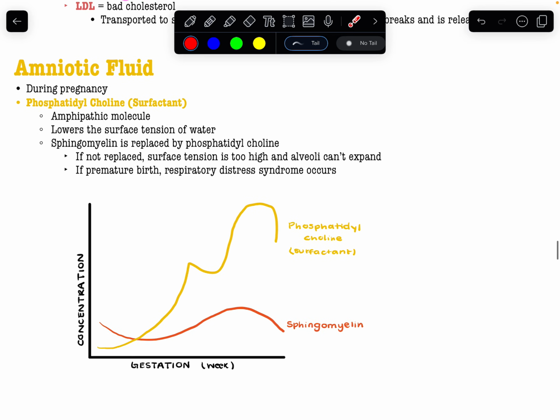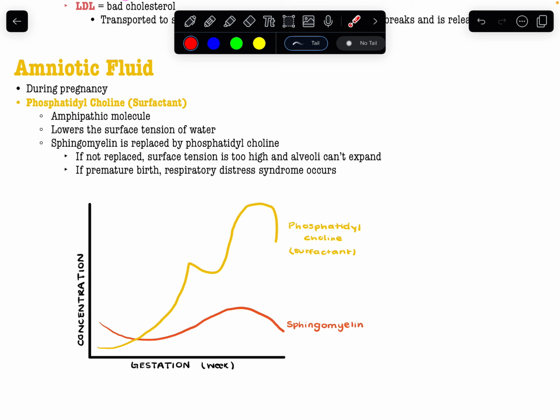But basically, what we need to know is as the baby progresses through gestation, phosphatidylcholine is going to come in and break up the surface tension of the water or liquid surrounding the alveoli, and as a result, this allows the alveoli to expand and progress down the developmental stages.